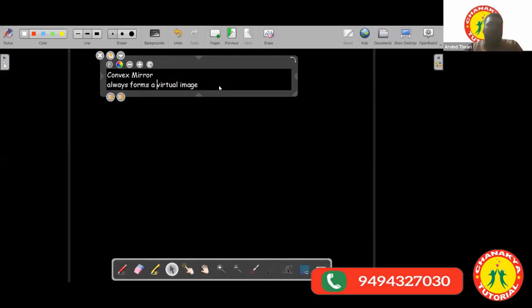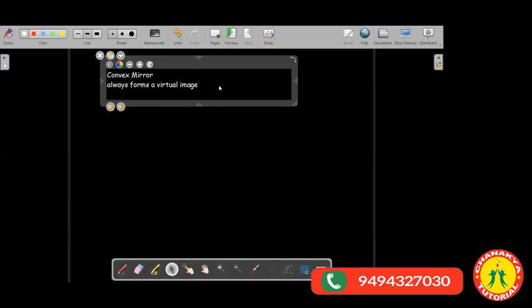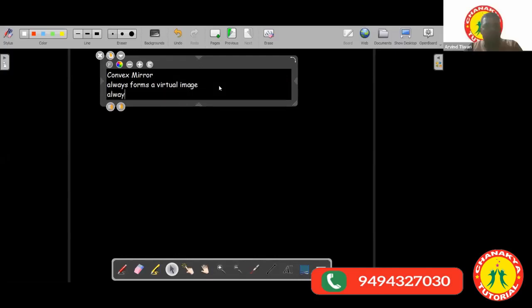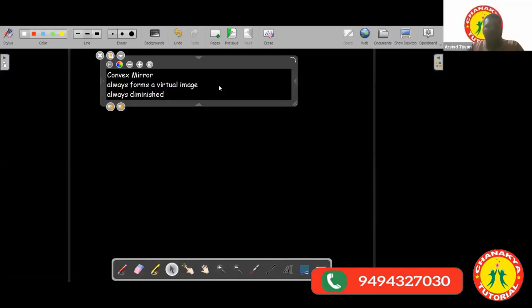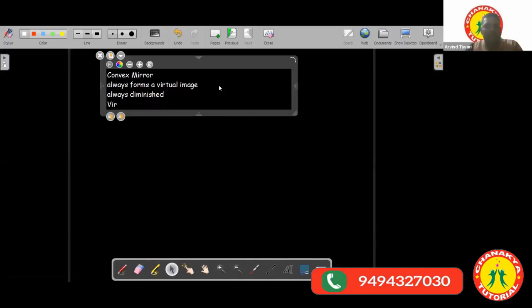Can anyone comment about the size of the object? Always diminished. It's never enlarged. And what about its nature? Virtual and erect. It is always diminished, and it is virtual and erect. So a convex mirror can never form a real image.